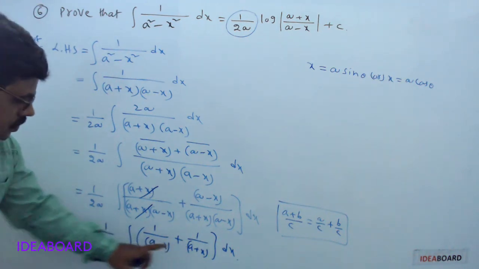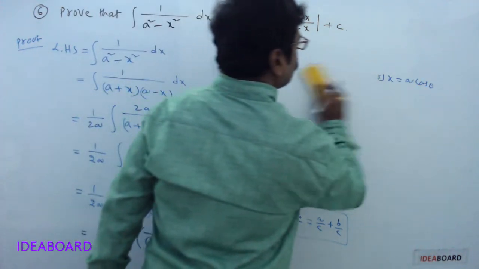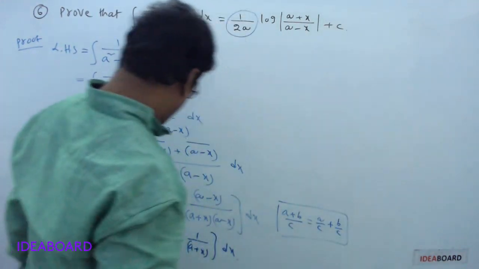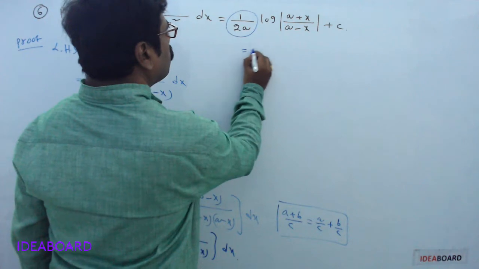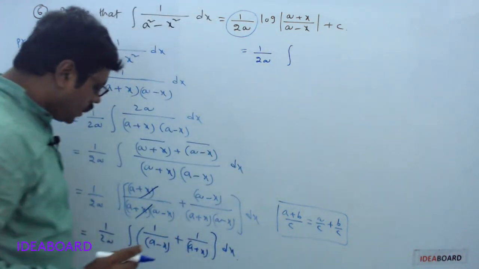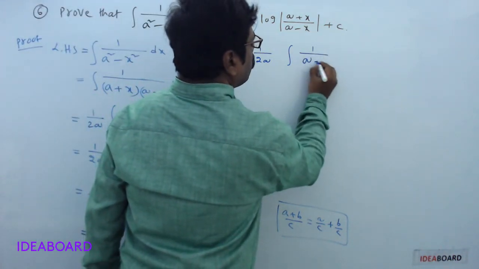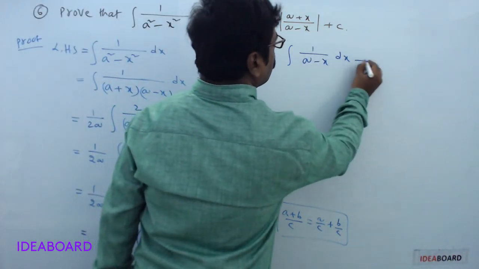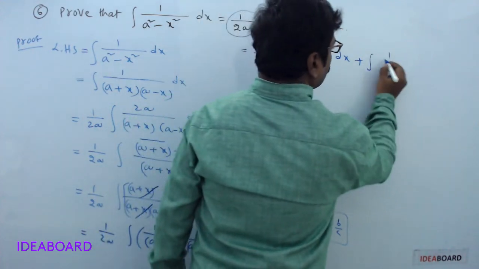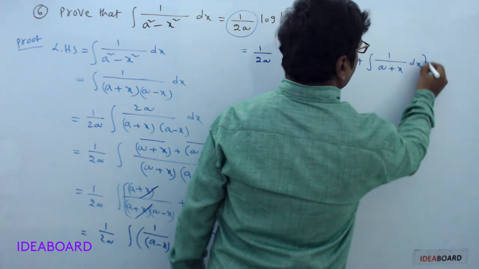Now separate the terms with integration. Now this equals 1 divided by 2a into, what is the first term? Integral 1 divided by a minus x dx plus integral 1 divided by a plus x dx.